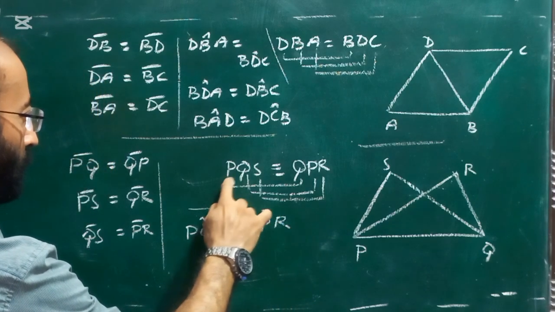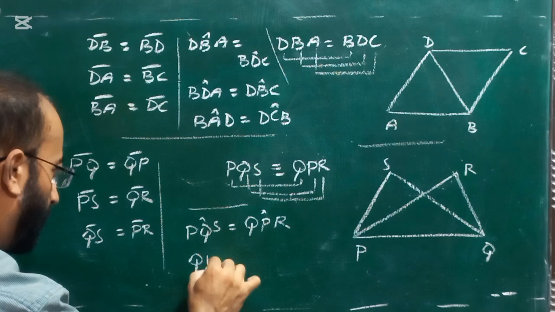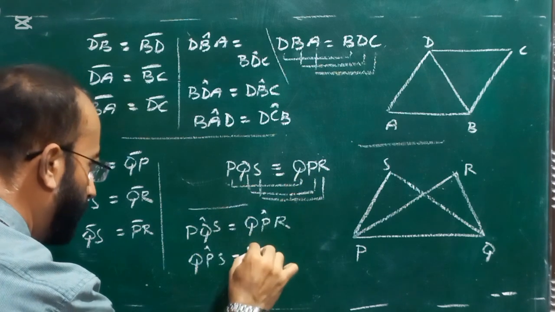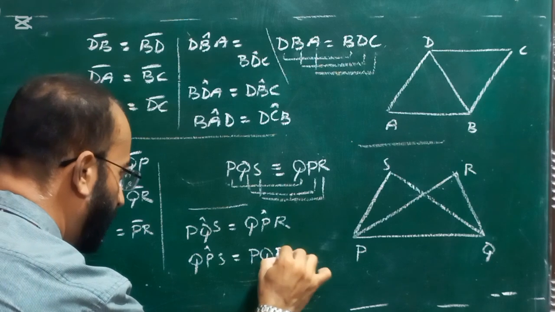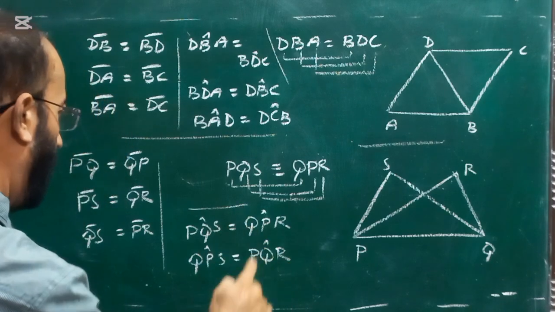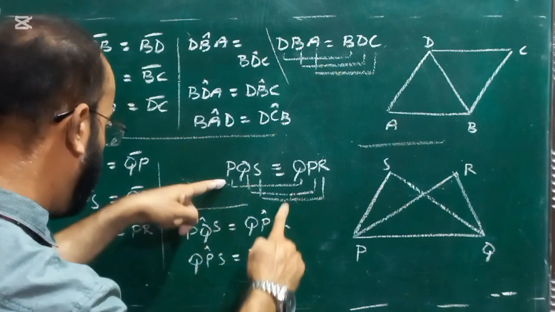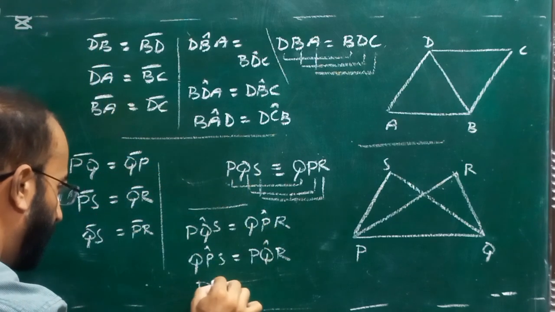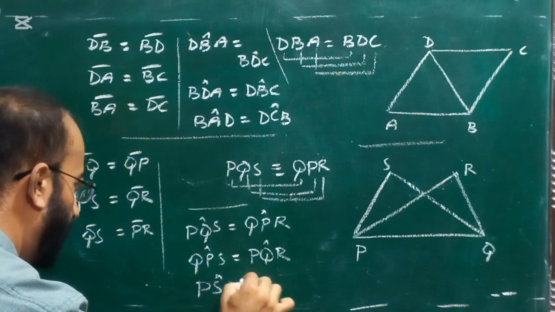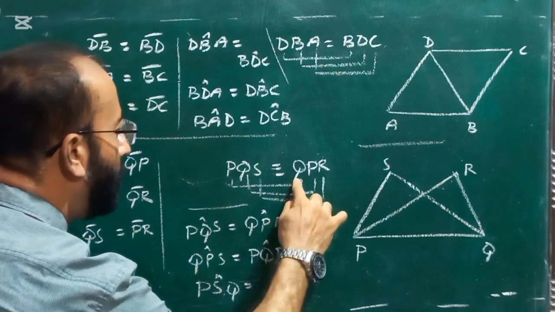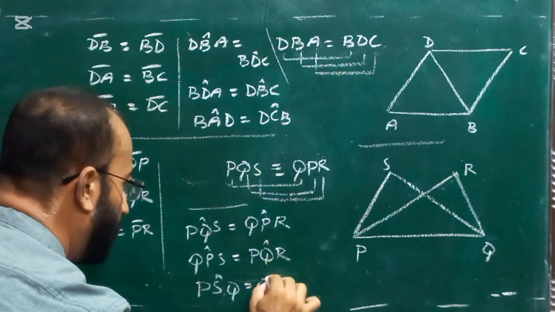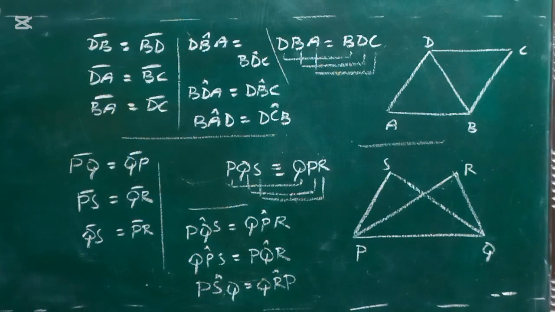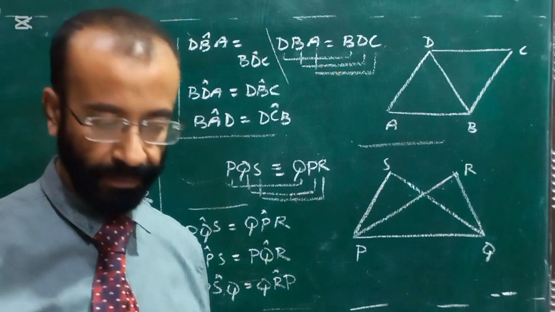Now QPS will be equal to PQR, and finally PSQ will be equal to QRP. So these are 6 pairs of the equal values.